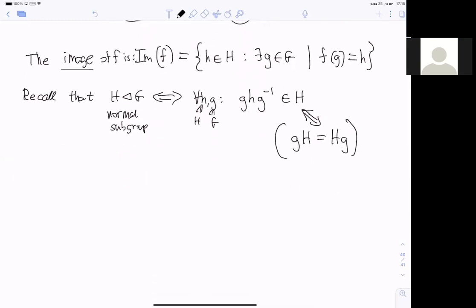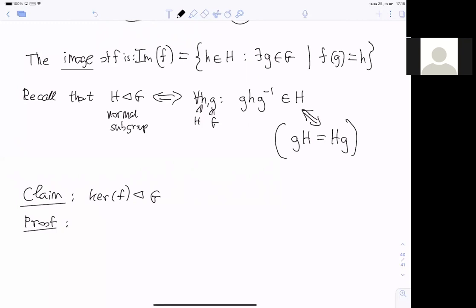We are going to get back to these examples, but now I want to show you the following thing. So we claim that the kernel of f is a normal subgroup in G. Okay, so proof. What do we have to show?